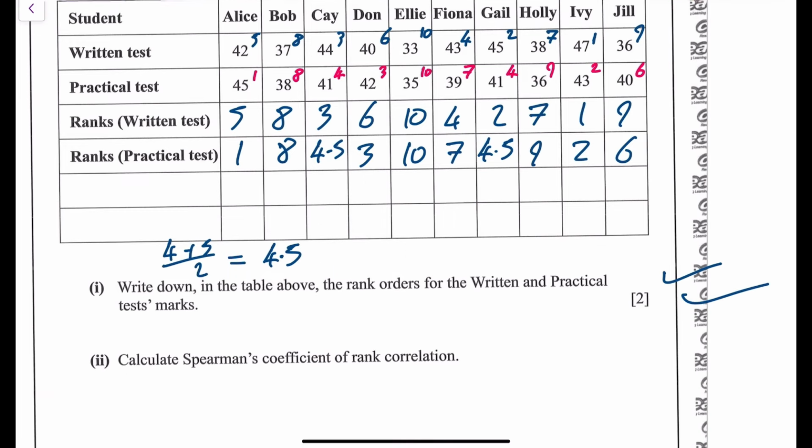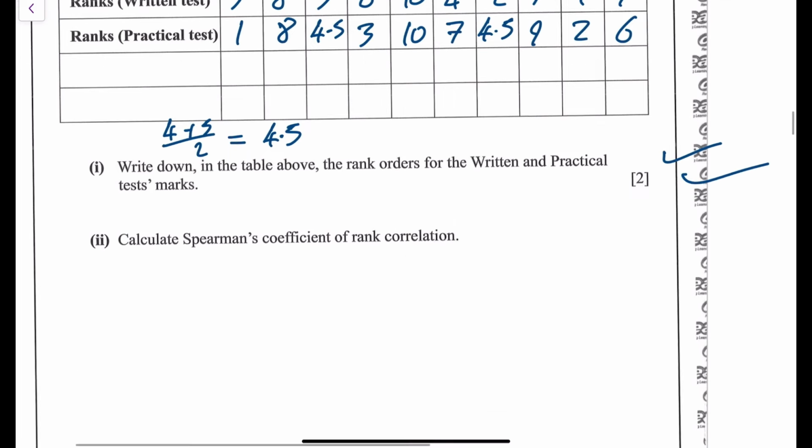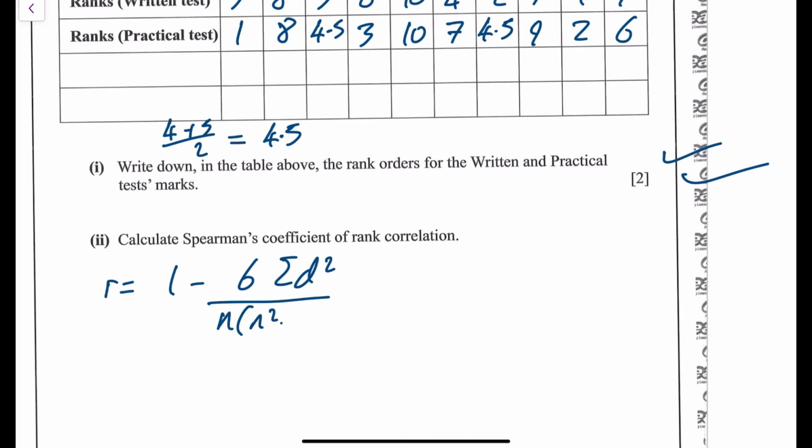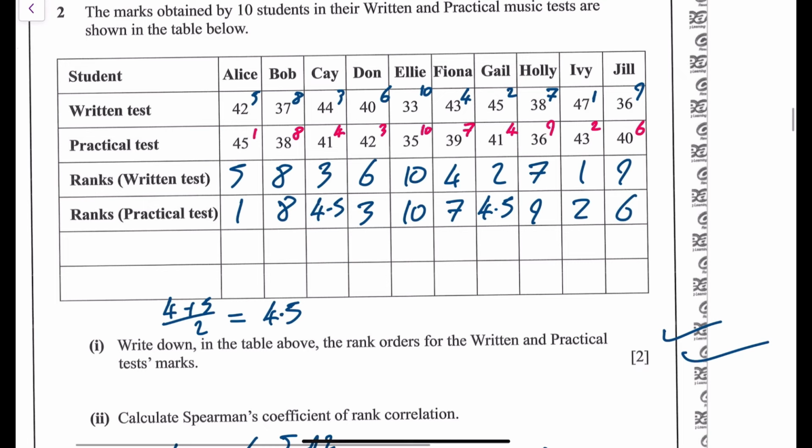Calculate Spearman's coefficient of rank correlation. I'll just write down the formula here. R is equal to 1 minus 6 times sigma d squared all over n times n squared minus 1. So in this question, there are 10 things. My n is 10. We need to find sigma d squared. So we'll find d, and what d is, it's the difference between them.